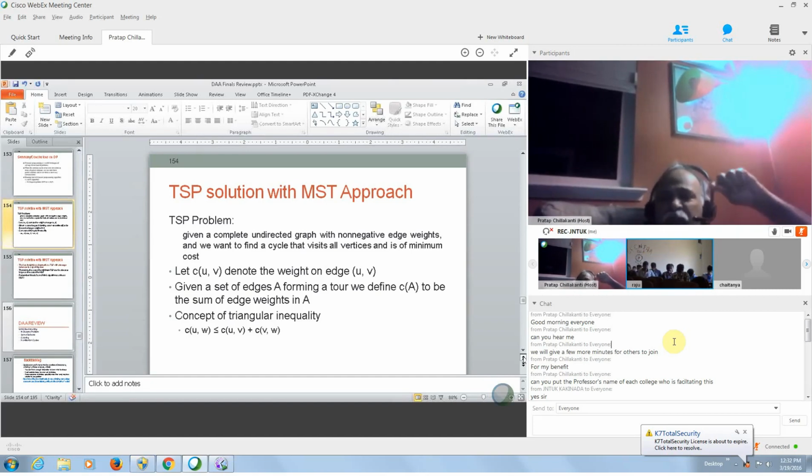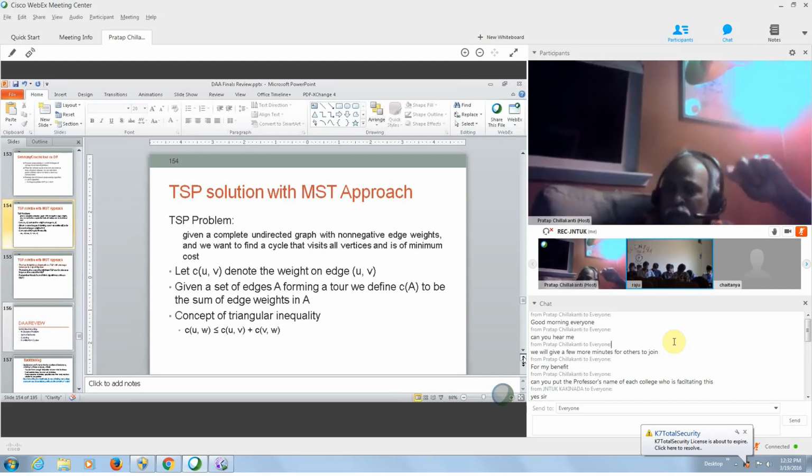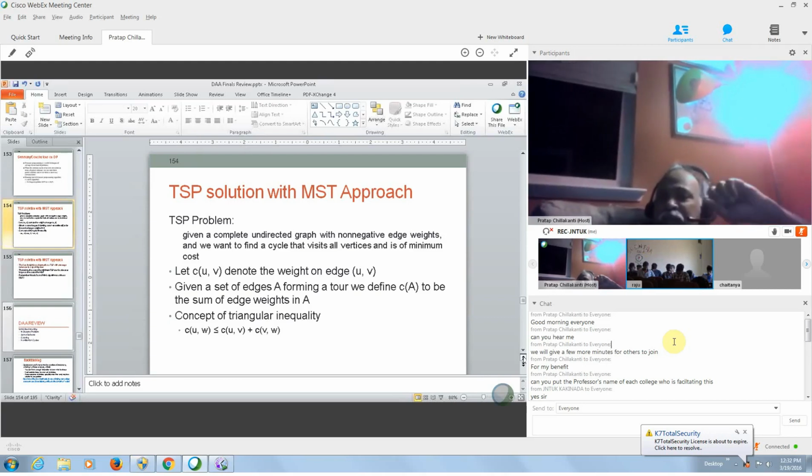Whereas when we talk about spanning trees, as such, we never come back to the source because it won't be a tree, right? It will become a cycle if you come back to the source. However, you can use the ideas of minimum spanning tree to apply to the traveling salesman problem. Okay, so that is what we discussed here.